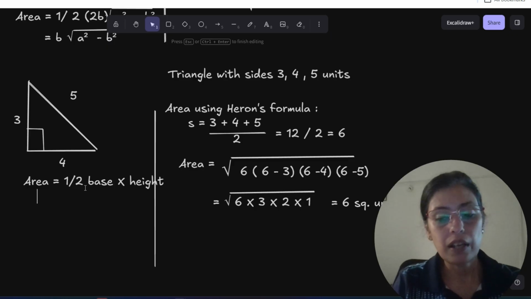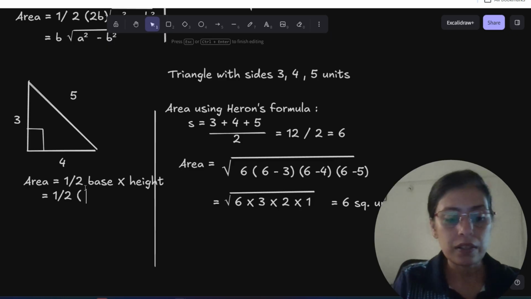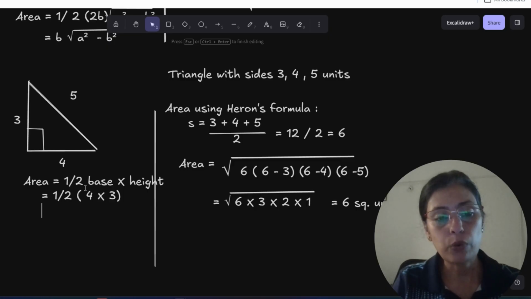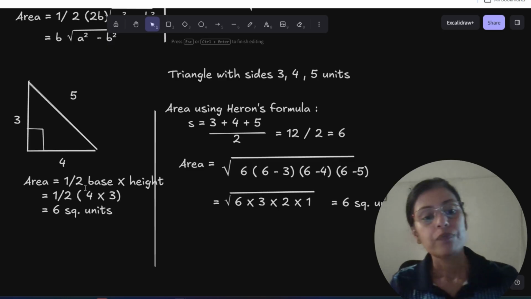So here area will be 1 by 2, base is 4, right? 4 into height is 3. So this is half of 12. Half of 12 is 6. So with this also we get that the area is 6 square units.